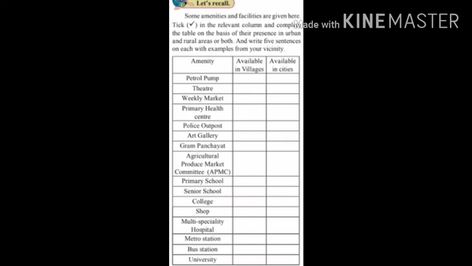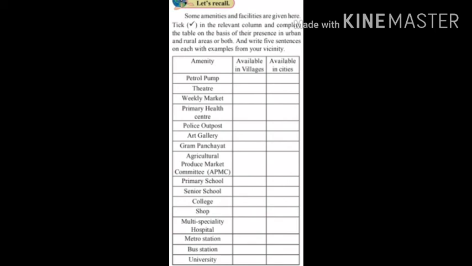Next one, primary health center. Primary health center is available in both, in villages and in cities. Next one, police outpost. It is available in cities, but when the village area is big, then such a facility is also available. Next one, art gallery. Art gallery is available only in cities.